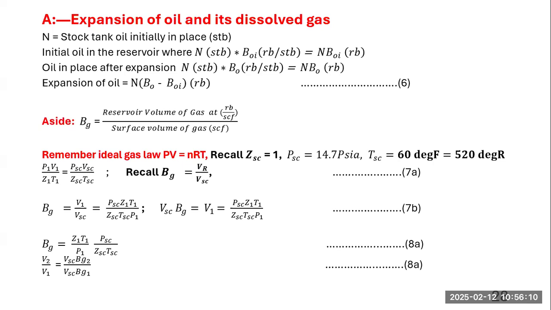Remember I said we want to estimate them in reservoir barrels. So the initial oil is N multiplied by Boi, because this is the initial oil formation volume factor, N Boi. And the oil in place after expansion is N multiplied by Bo, that's RB multiplied by STB, N Bo. So you have N Boi and you have N Bo.